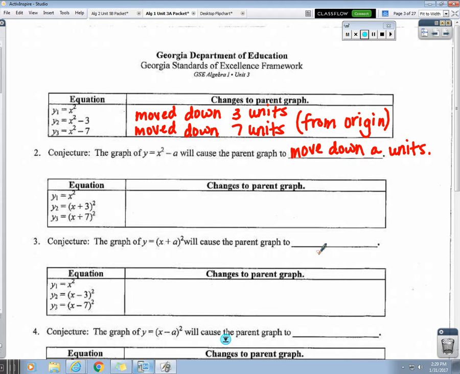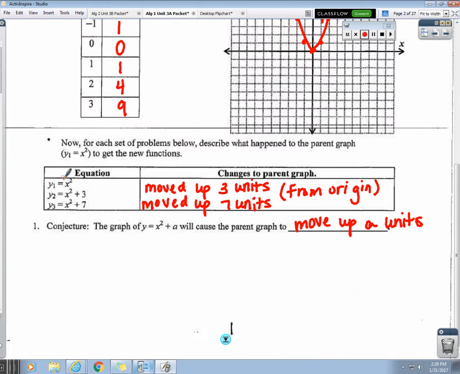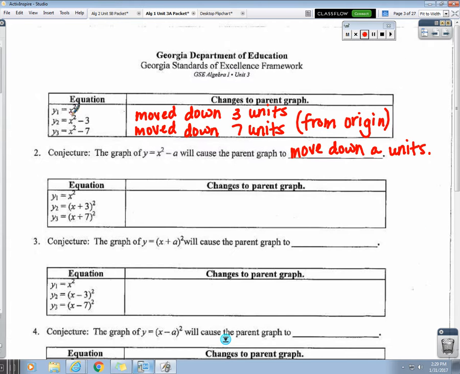Okay, so let me recap what we've learned so far. When you have just y equals x squared and you add on a number, it moves up by that number. We also learned that when you subtract a number from x squared, it moves down by that number. Does everybody get it?